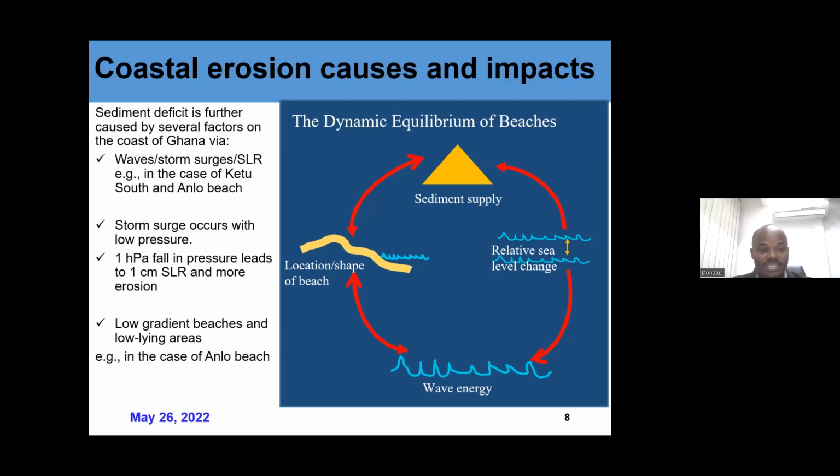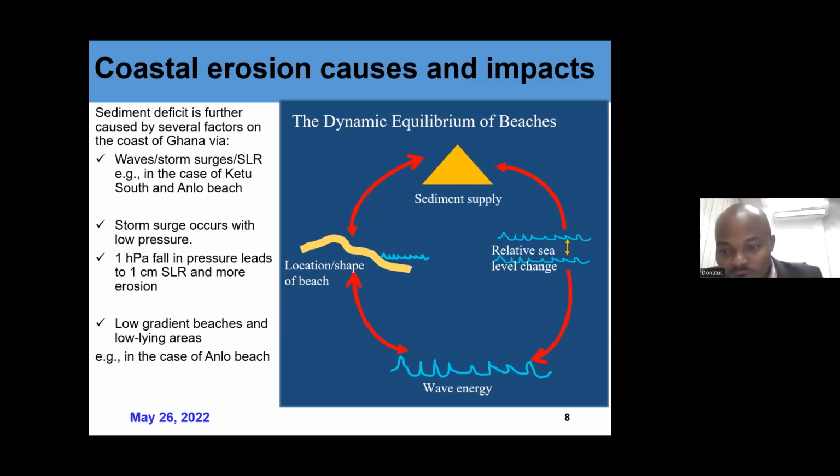Wave conditions are averagely 1.4 meters in terms of significant wave height. And though they hardly exceed 3 meters, this is not very low wave conditions. Along the entire coastline of Ghana, particularly in the eastern section, wave conditions could be high compared to that of the western. And these waves, in combination with the open nature of the eastern coast, could be leading to a high amount of sediment transport.